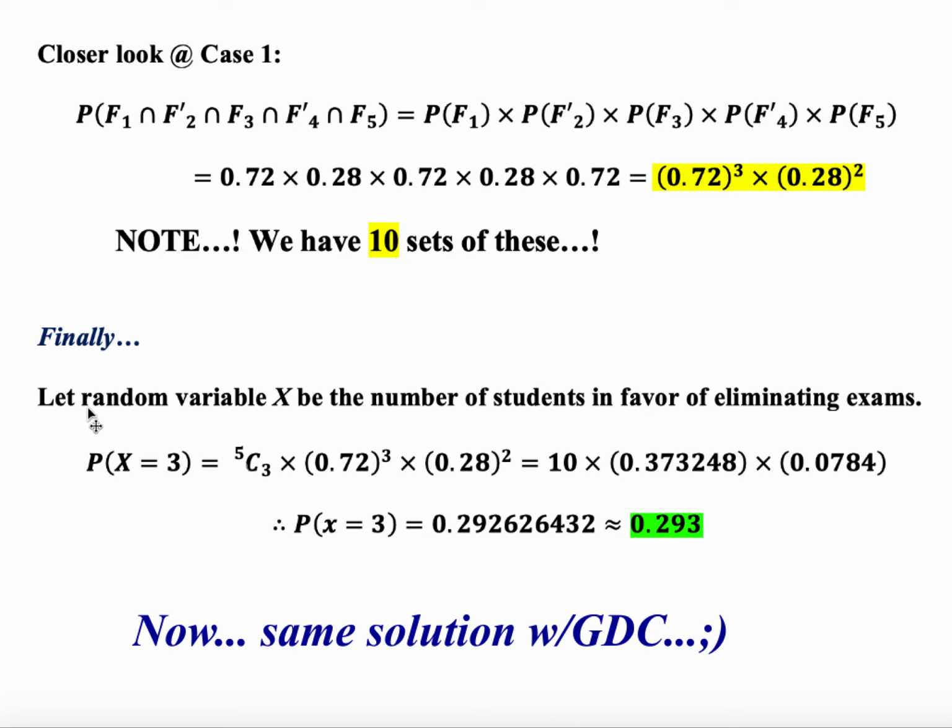So finally, if we're letting the random variable x be the number of students in favor of actually eliminating exams, the probability that x is exactly equal to 3 is the number of ways we can combine those 3 out of 5 times the likelihood of, here is your p, here's your 1 minus p for success for those 3 to the non-people that don't favor the elimination of exams, and you end up getting 0.293.